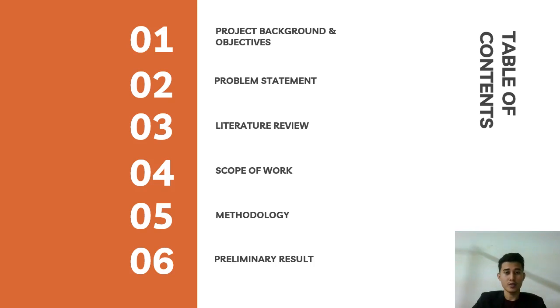The next one, we cover the scope of this project. The fifth one is the methodology, where the procedure of this project will be reviewed. The next one is the preliminary result, where the expected result is presented.